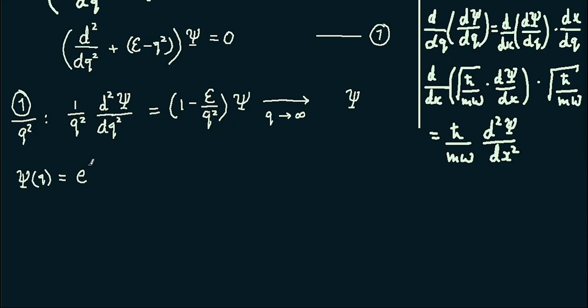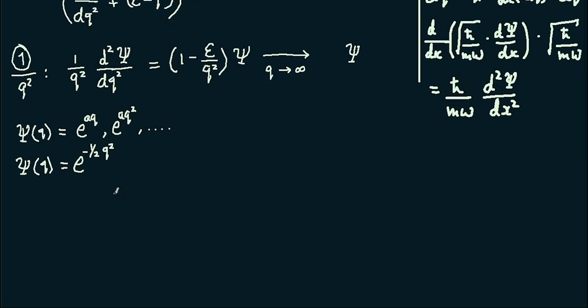We would try e raised to aq, one may try e raised to a q squared, and other such exponential functions. Insert them into this differential equation and see what we get. After some trial and error, you'd quickly stumble upon this function, e raised to minus 1/2 q squared.